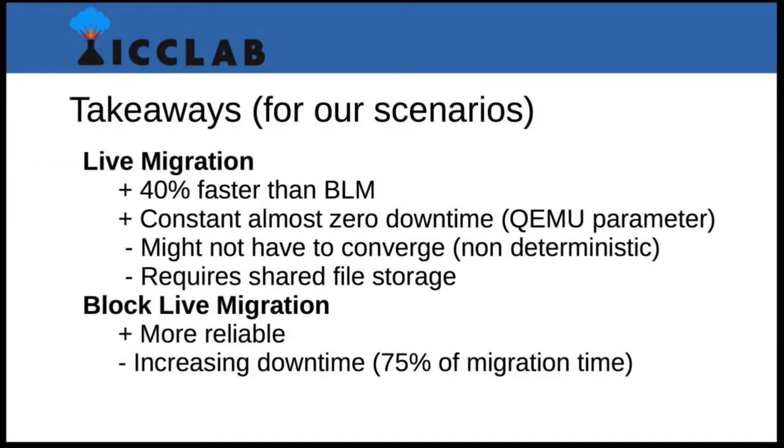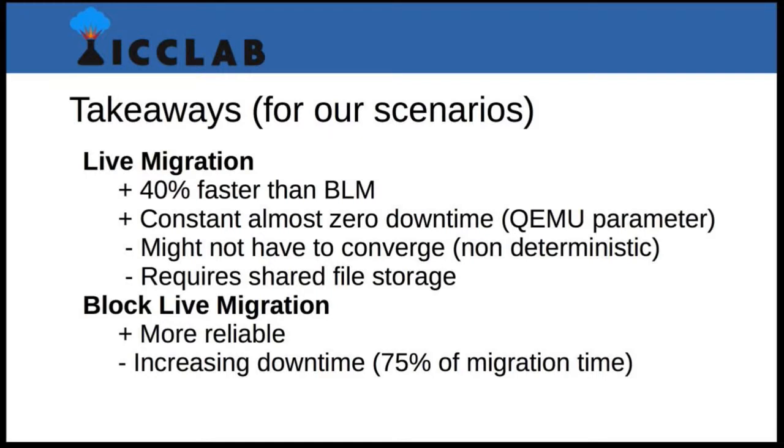So the takeaways for our scenarios, which will differ depending on your network and on your setup, are that live migration is approximately 40% faster than block live migration. It provides constant, almost zero downtime, which can be set as a QEMU parameter, but we are not able to set it through libvirt yet, so we have to dive a little bit deeper into QEMU.